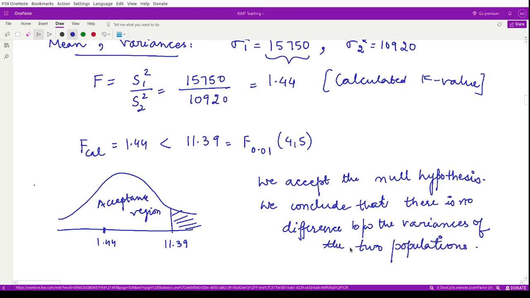So this is how we use the F-test to determine the equality of two variances.